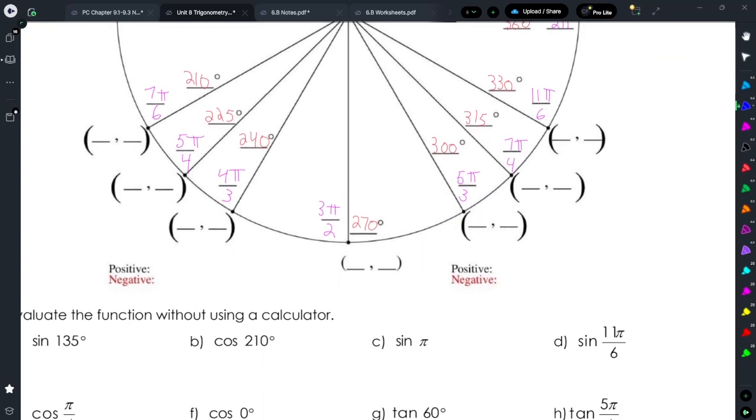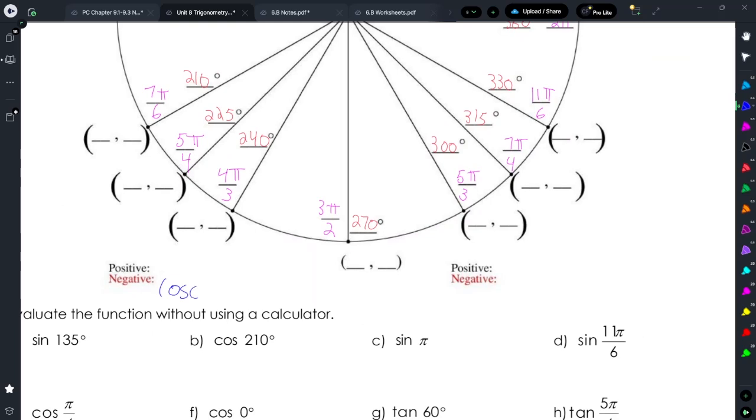In quadrant 3, both are negative. Cosine and sine are both negative. And in quadrant 4, cosine is positive and sine is negative.